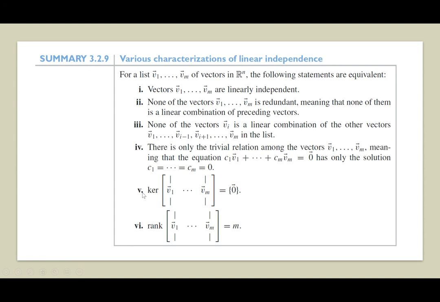I'm going to let you think about why that's true, but it certainly has to do with number 4. And then finally, we have another characterization based on making a matrix out of the column vectors. This says linearly independent vectors is equivalent to having this matrix of the columns have full rank.